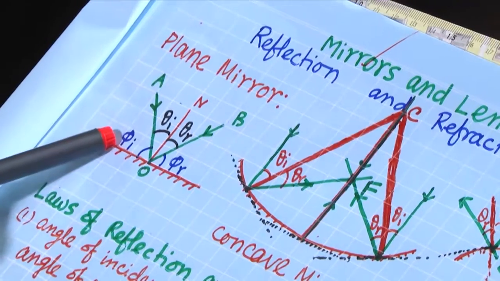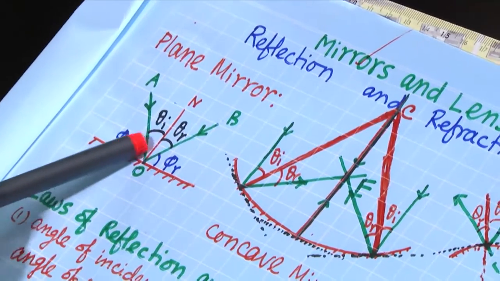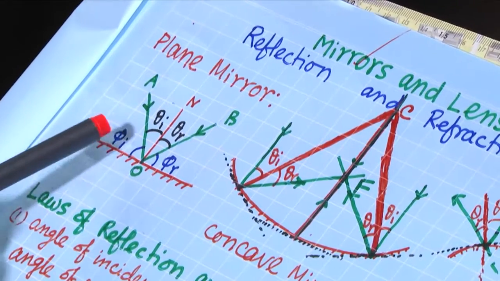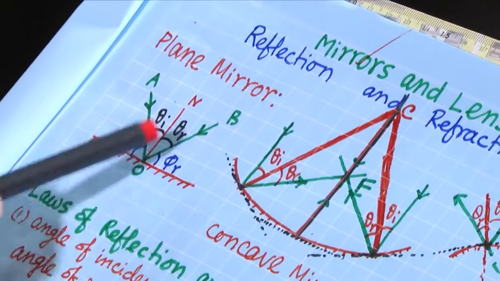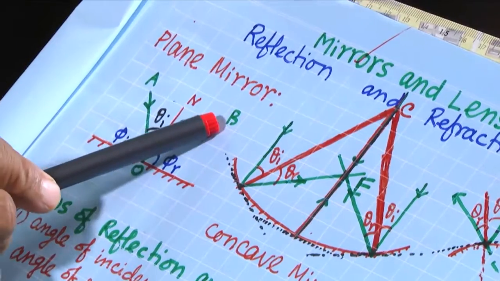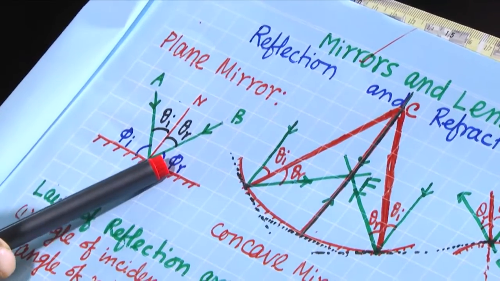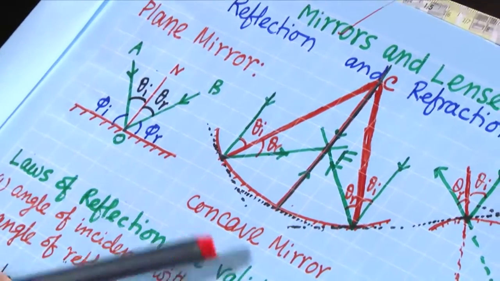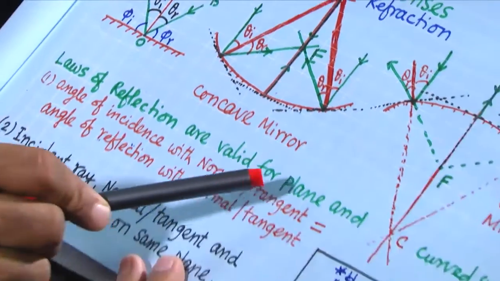If the incident angle with the surface of the mirror is phi I, and the angle between the reflected ray and the surface is phi r. Okay.